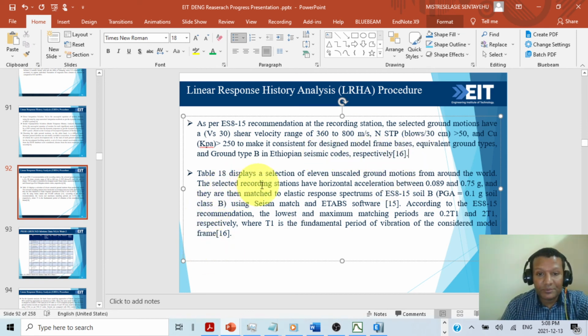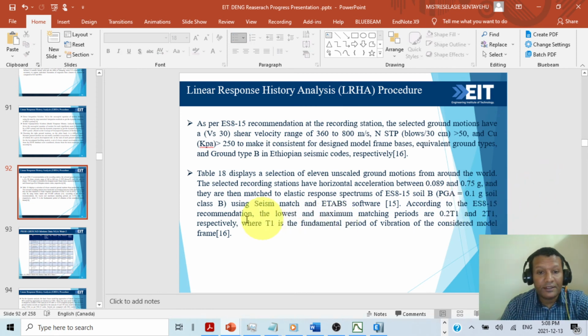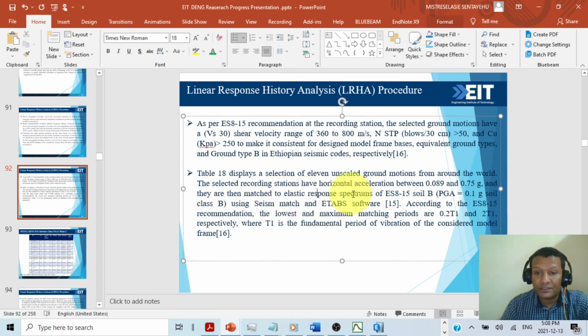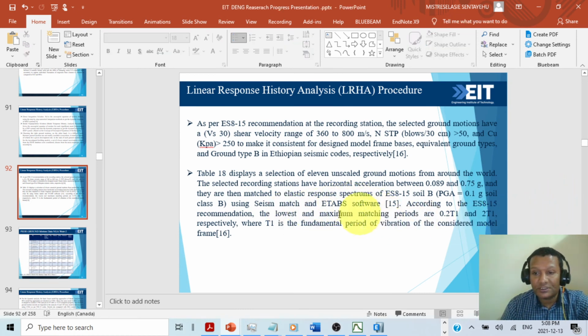Table 18 displays a selection of 11 unscaled ground motions from around the world. The selected recording stations have horizontal acceleration between 0.089 and 0.75 g, and they are then matched to the elastic response spectra ES 815, as we see. Soil class B, PGA of 0.1 g, was used with SeismoMatch and ETABS, as I showed you in my demonstration.